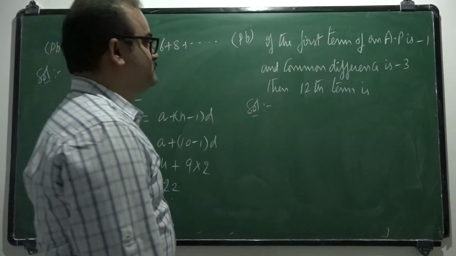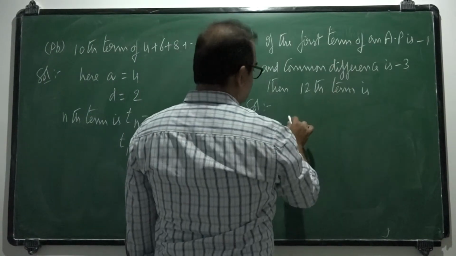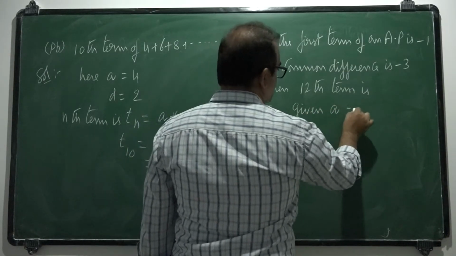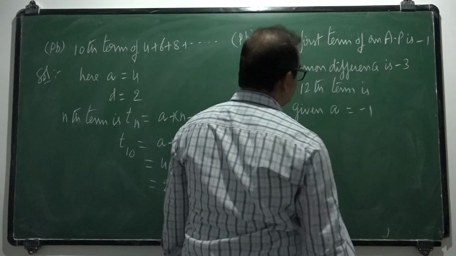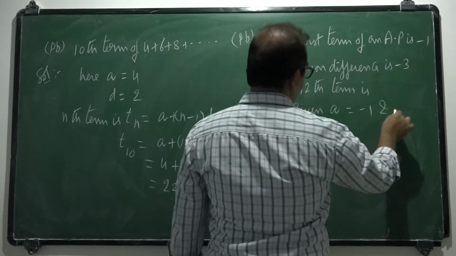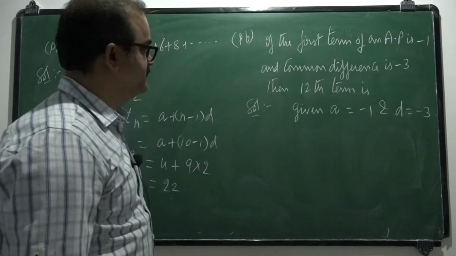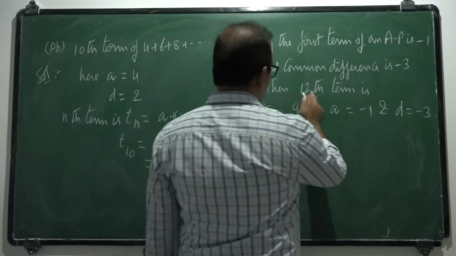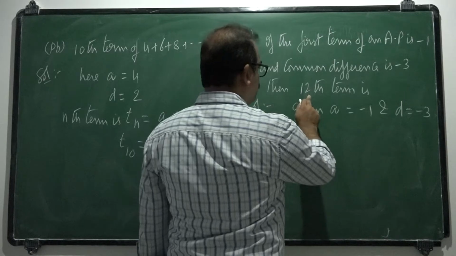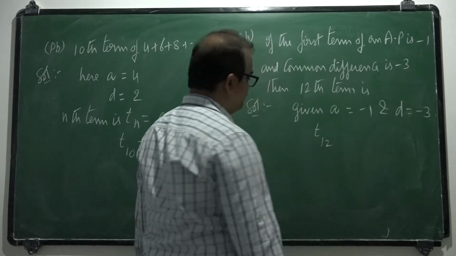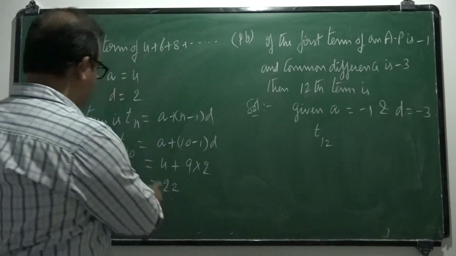In the problem, clearly the first term of AP is given. A is -1. Common difference D is also given. D is -3. Here we find the 12th term, T12. What is the formula to find the nth term?